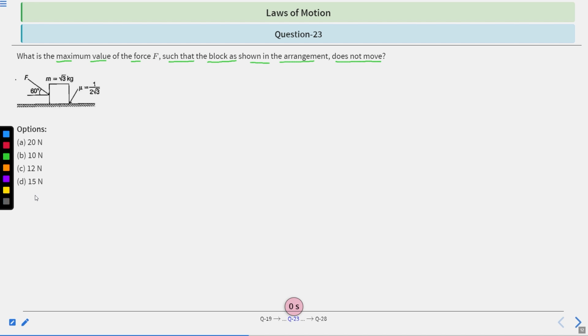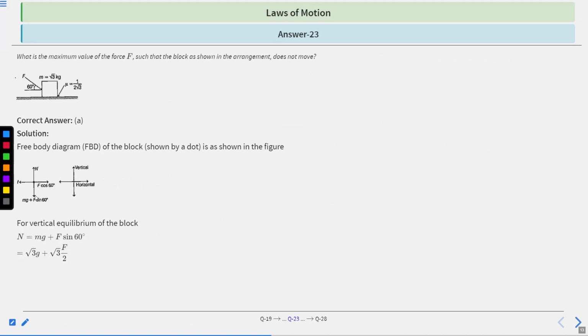Let's find a solution. This is the free body diagram, or FBD, of the block shown by a dot, as shown in this figure.